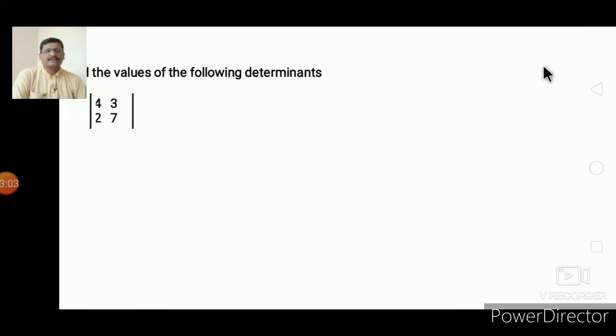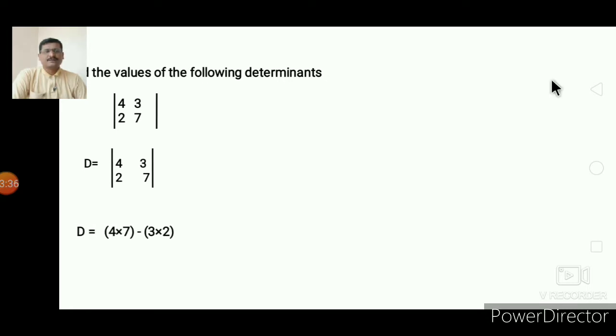First example is 4, 3, 2, 7. First give a name to the given determinant. Therefore, D is equal to 4, 3, 2, 7. Next, the product of the first element of the first column into the second element of the second column, minus the product of the second element of the first column into the first element of the second column.